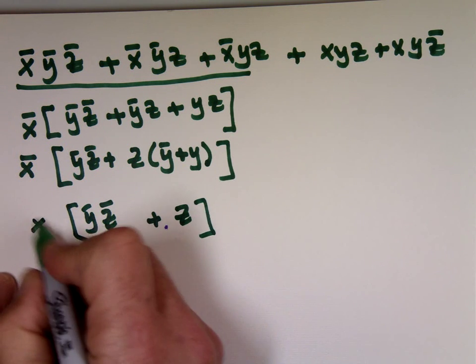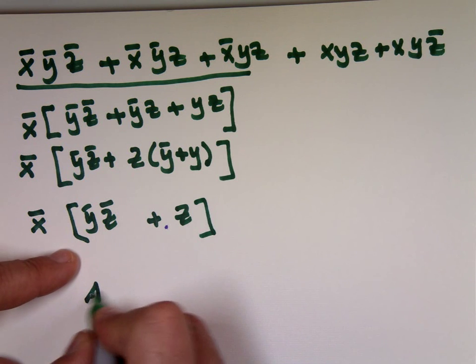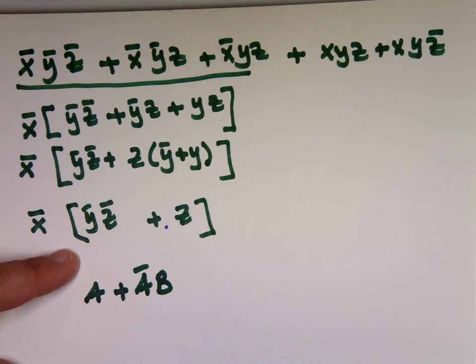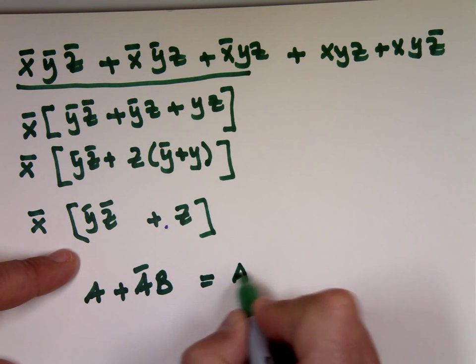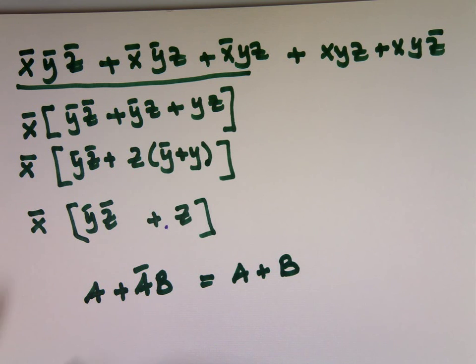Now we have a rule that says if you have A plus A bar B, can be written as A plus B. So if you look at that, well, that's just a rule there.